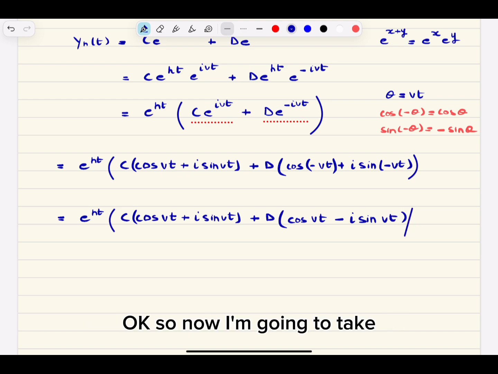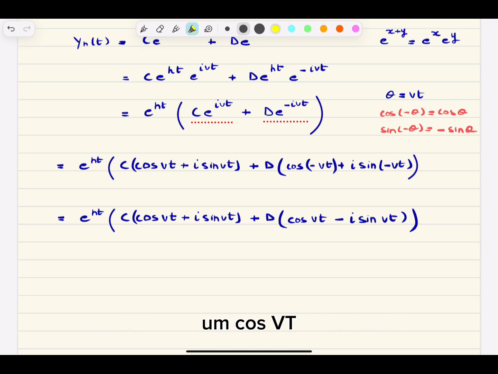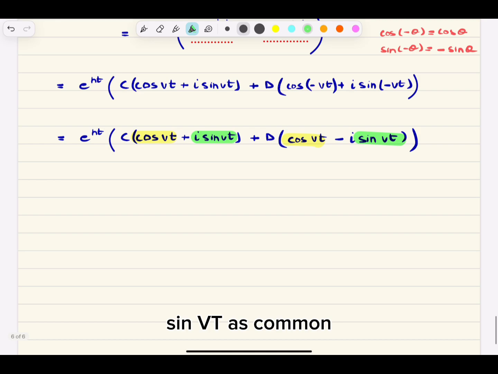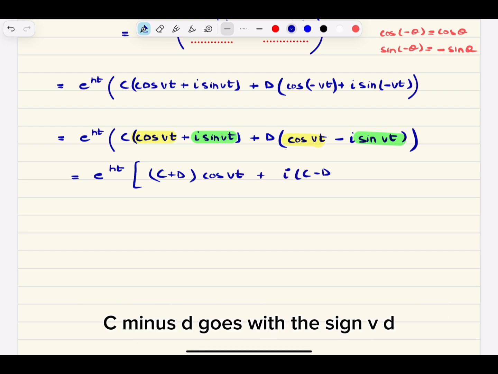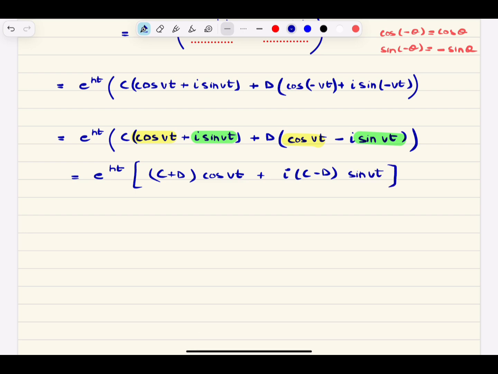Okay, so now I'm going to take cos vt as common, and sin vt as common. So then I'm left with e^(ht), bracket open, C plus D goes with cos vt, and i times (C minus D) goes with sin vt.